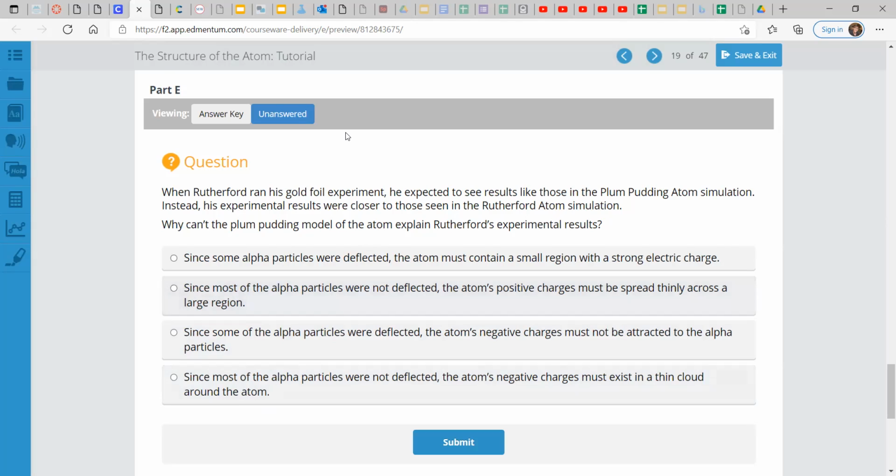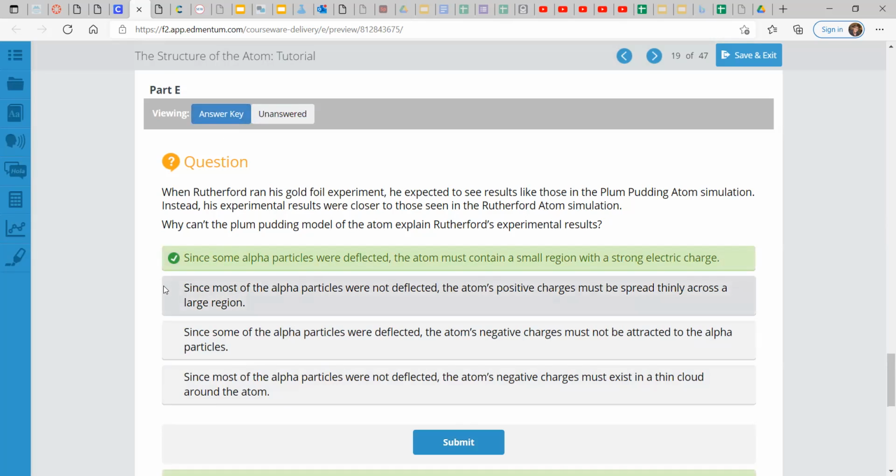Since most of the alpha particles were not deflected, the atom's positive charges must be spread thinly across the large region. Since some were deflected, the atom's negative charges must not be attracted to the alpha. Since most of the alpha particles were not deflected, the atom's negative charges must exist in a thin cloud around the atom. The only one that makes sense here: since some alpha particles were deflected, the atom must contain a small region with a strong electric charge.